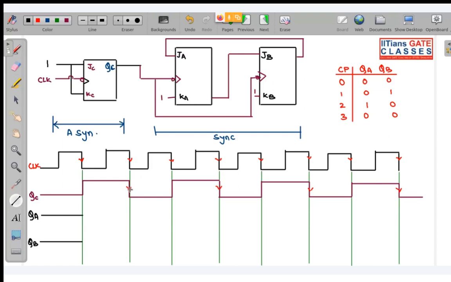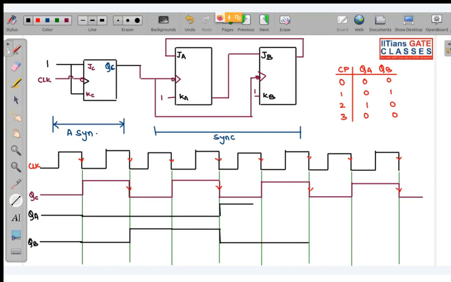So the negative edge of QC over here, so this will change to 0 1. This is still 0, and you can see at this edge, basically this will change to 1, and this will continue till the next negative edge. At the next negative edge, the states are going to change from 0 1 to 1 0. So over here this will go to 1, and this state will change from 1 to 0.